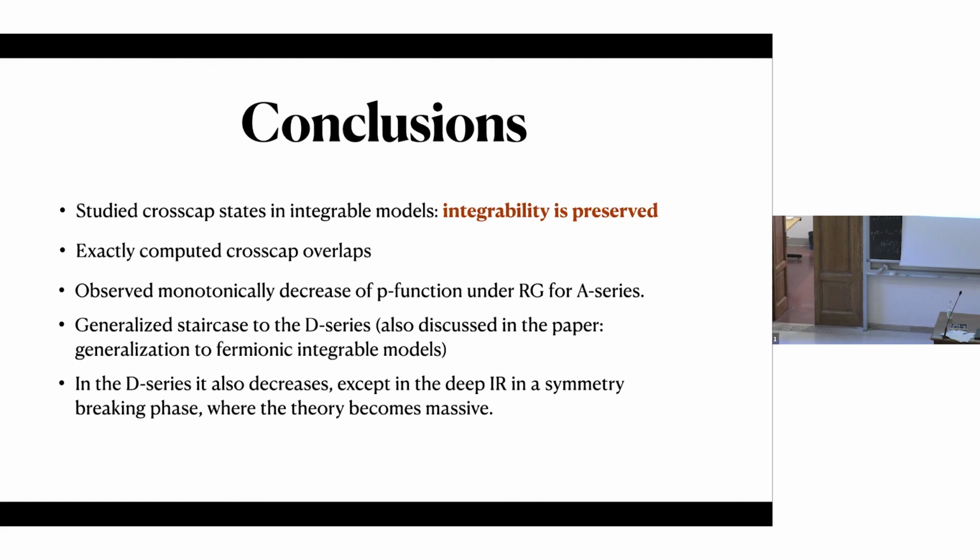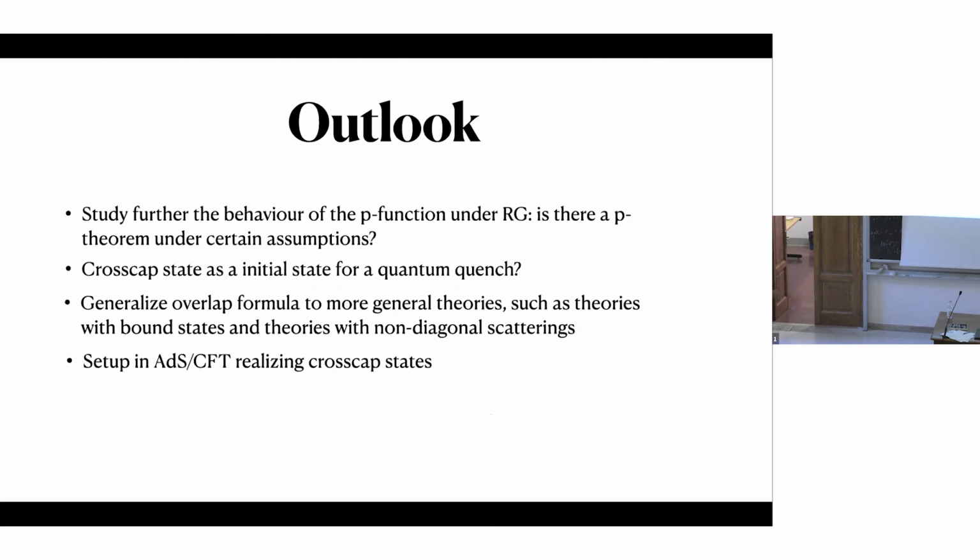We could see that the P function is monotonically decreasing for the A series, but not for the D series minimal models. And that might be related to some spontaneous symmetry breaking that you have in the IR. So as an outlook, a natural question is: is there any sort of P theorem under at least certain assumptions?